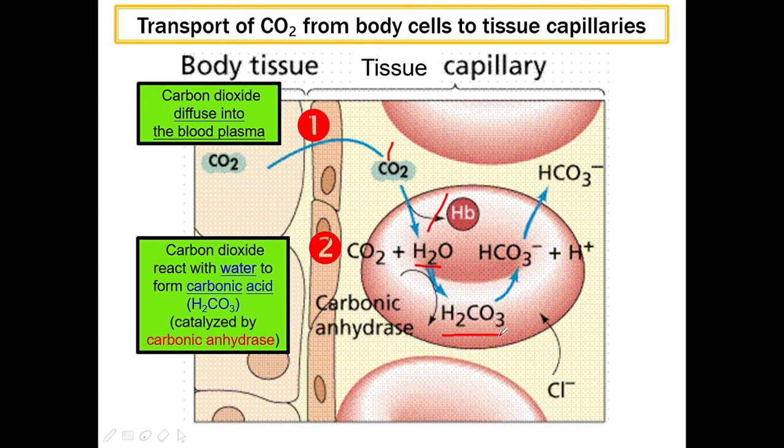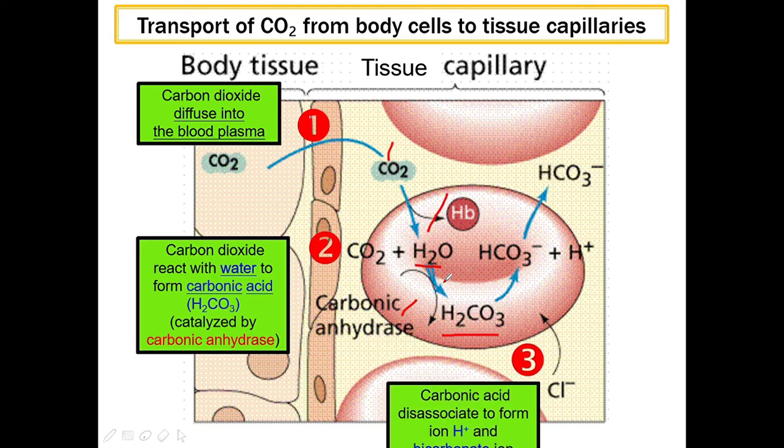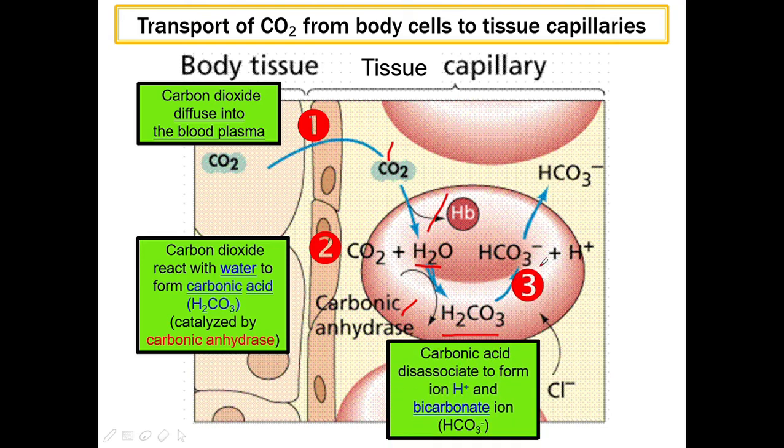This reaction is catalyzed by the carbonic anhydrase enzyme. The carbonic acid will then break down into bicarbonate ion and hydrogen ion. The bicarbonate ion then diffuses into the blood plasma and is carried in the bloodstream until it reaches the lungs. The hydrogen ions will bind with the hemoglobin and stay in the red blood cell.